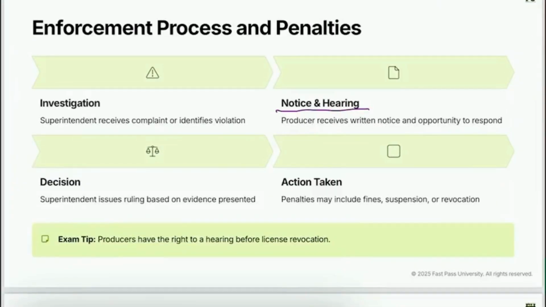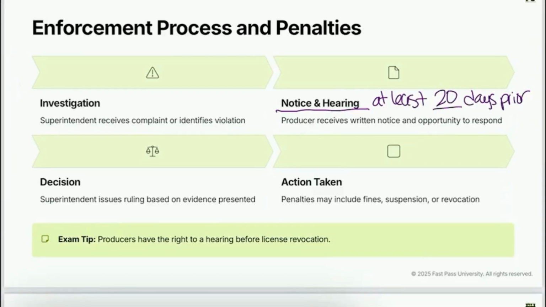And the notice of hearing must be sent to all interested parties at least 20 days prior to the hearing date.